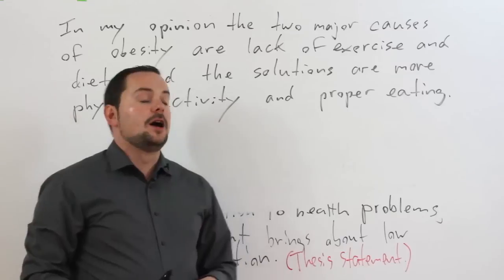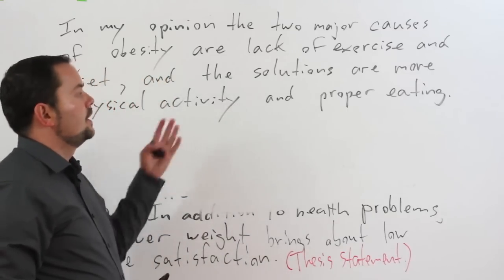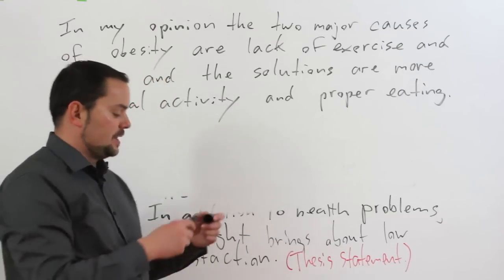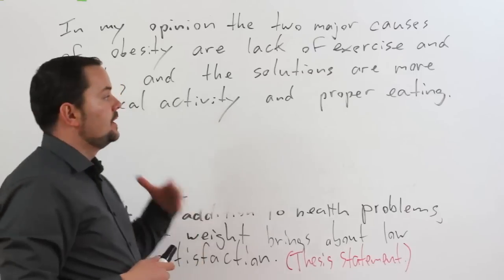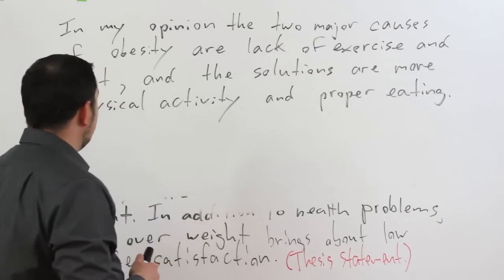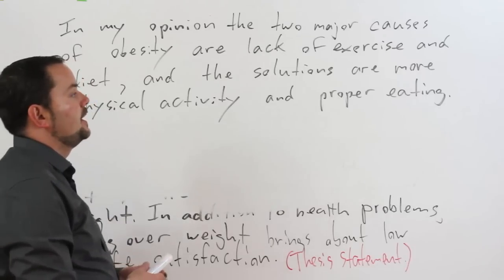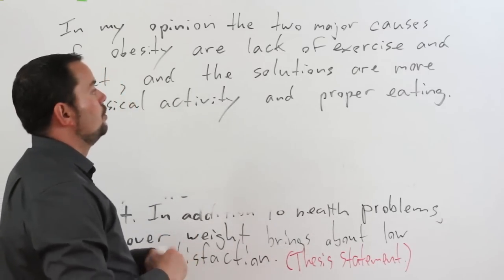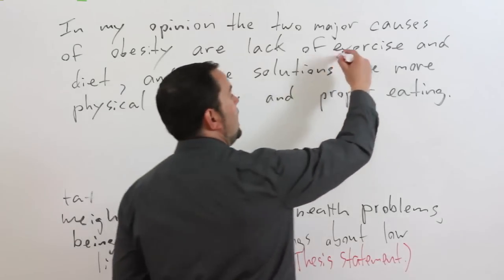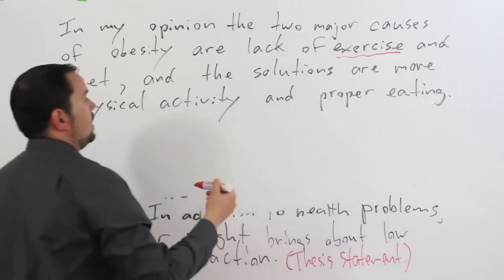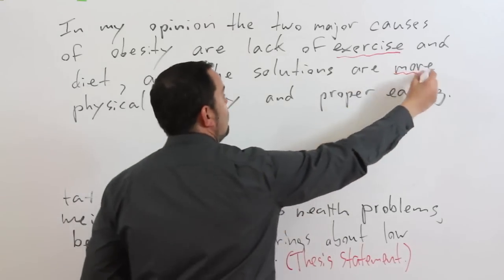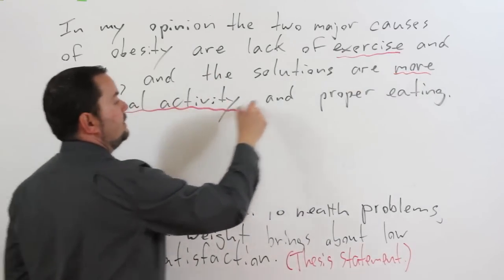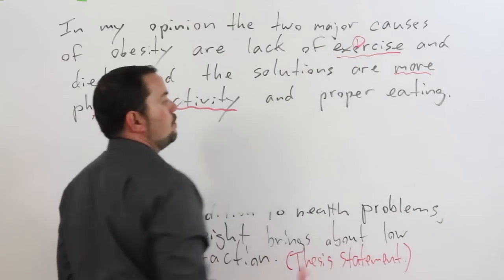So again, this is my thesis statement. It's quite similar to the thesis statement from the planning. And now it's very clear for the reader that in body paragraph 1, I'm most likely going to discuss exercise and the solution of more physical activity. So that's going to be body 1.